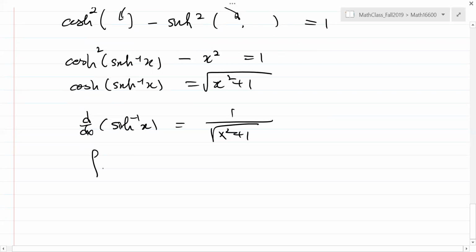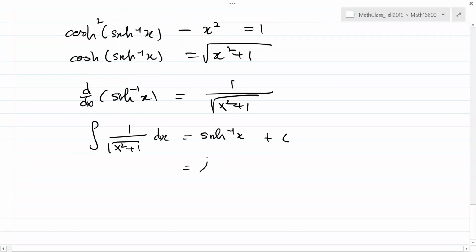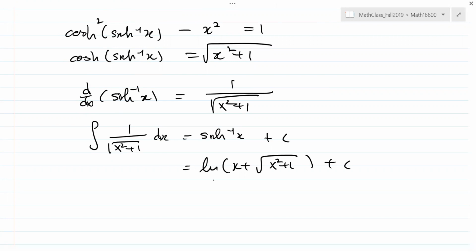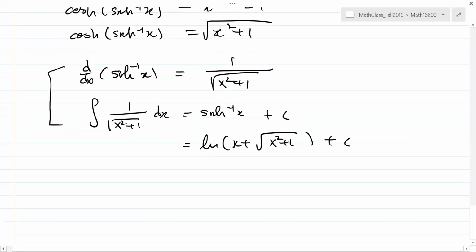In the future, if you see an integral like that, you can immediately write the answer with the constant, or you can write it as the natural log of x plus the square root of x squared plus 1, plus c, because the inverse function is nothing but that natural log. All right, so that's the first method.